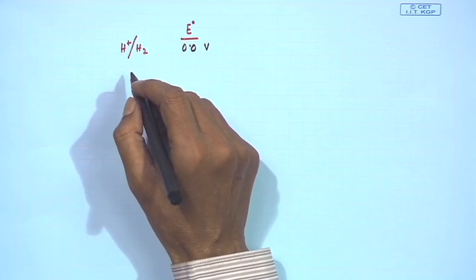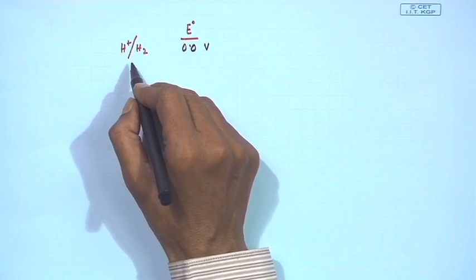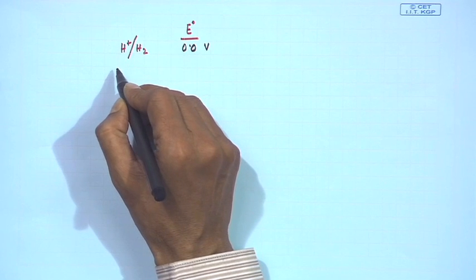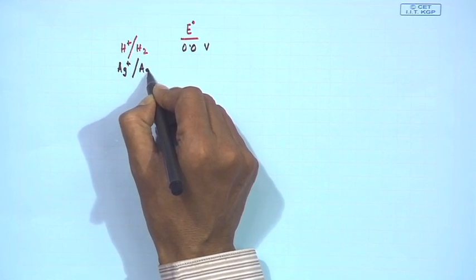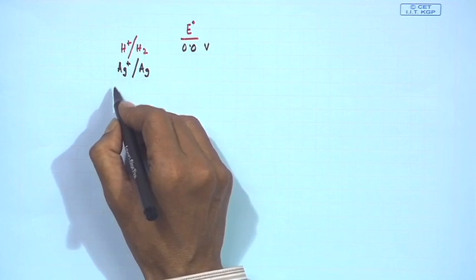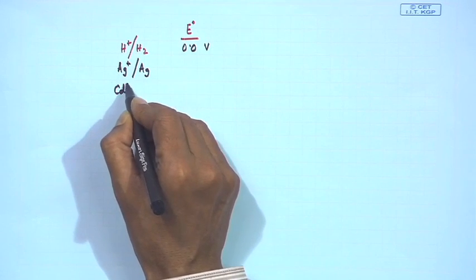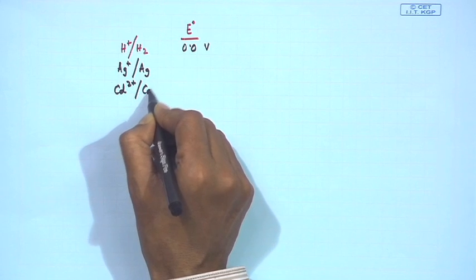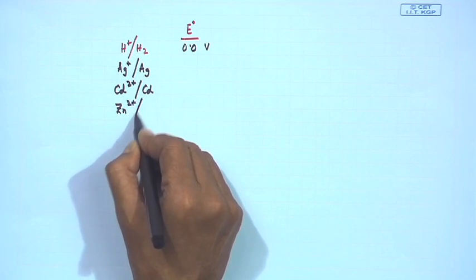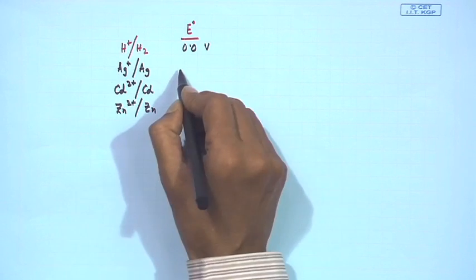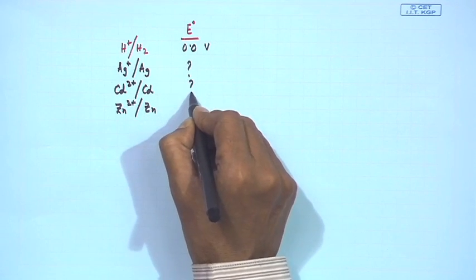Then the other cases: we have the silver ion and silver 0, then cadmium 2 plus and cadmium, and zinc 2 plus and zinc. So, what are these values?